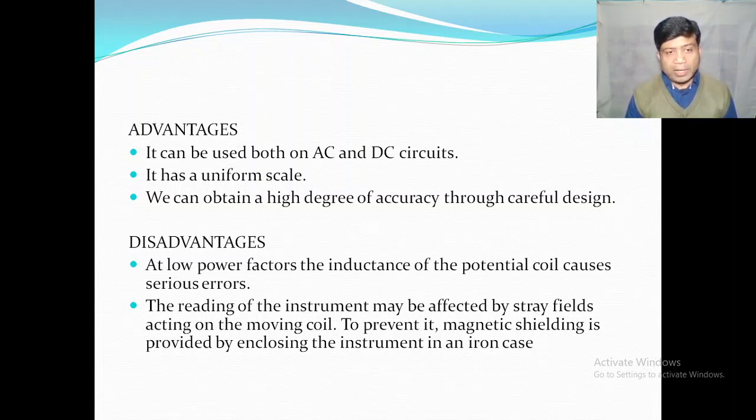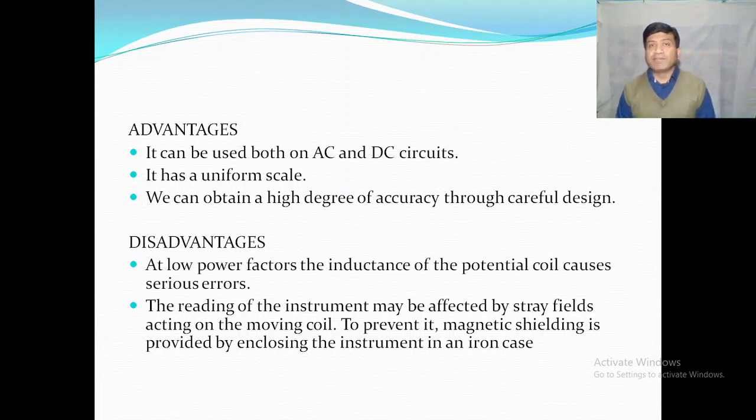The other disadvantage of these type of instruments is that the reading of the instrument is affected by stray fields acting on the moving coil. Now, what are stray fields?